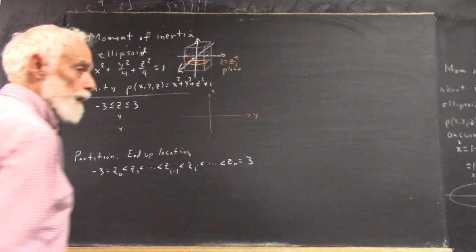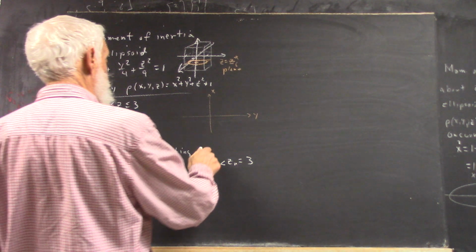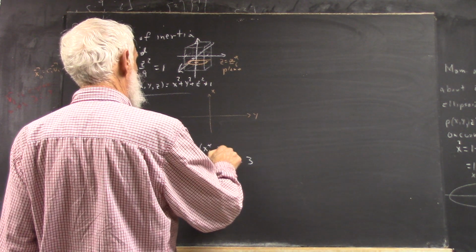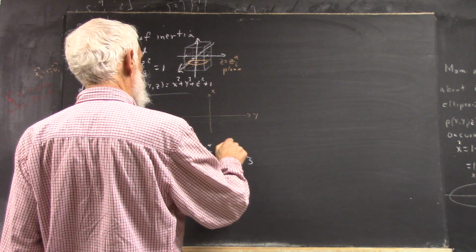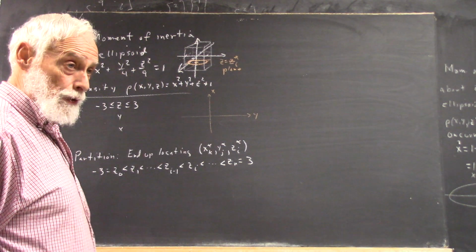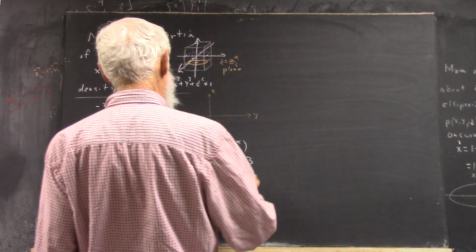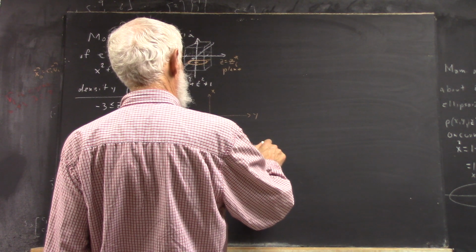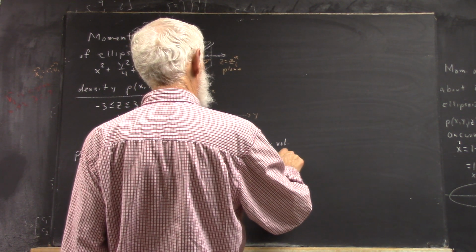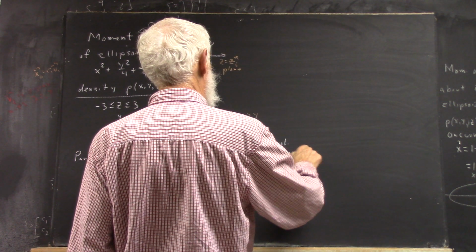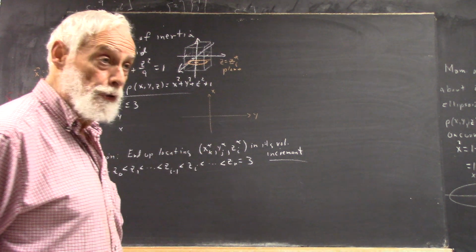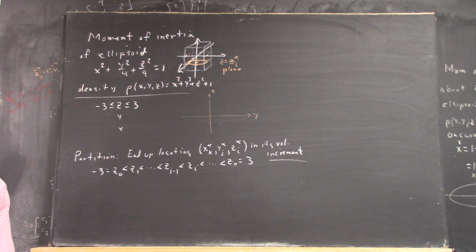And what we're doing is we're going to end up by locating the general point xk star, yj star, zi star, okay, in its volume increment. Okay, so if we keep in mind that this is what we're trying to do, what's our next partition?